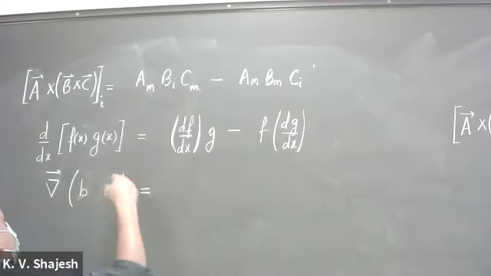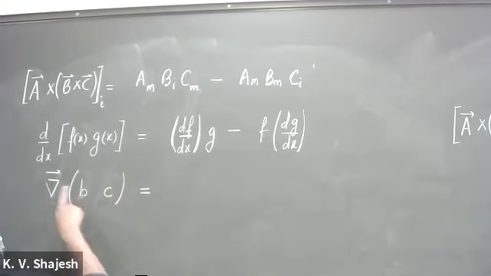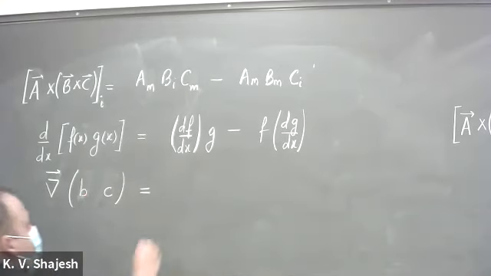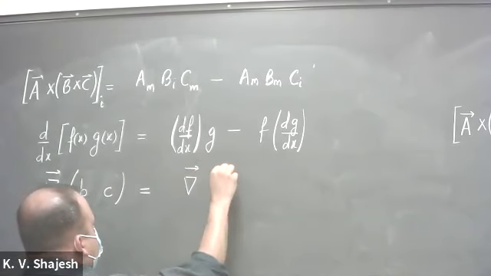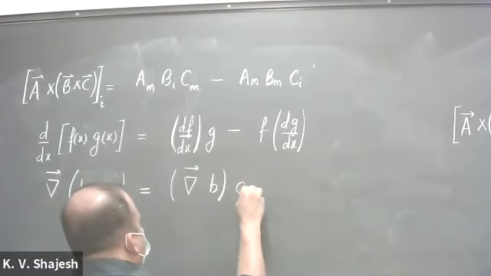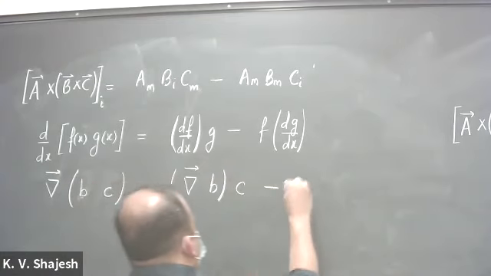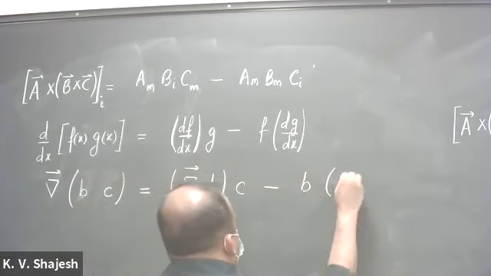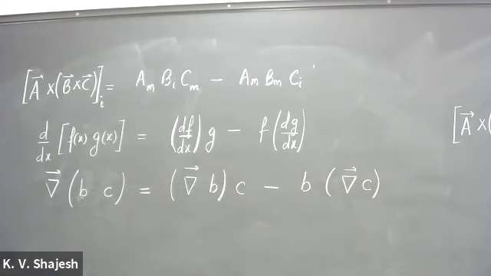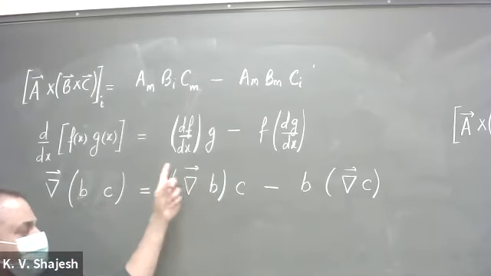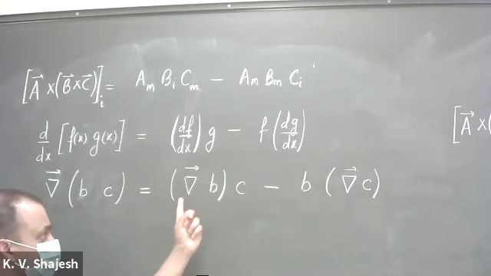What will this be equal to? Again, the same distribution. This can hit on this, or this can hit on this. The idea is that these are all fields, position dependent quantities. So this is the gradient acting on B and C, plus the gradient acting on C and multiplied with B. Now again, if C is a number, C can move around after it has acted.